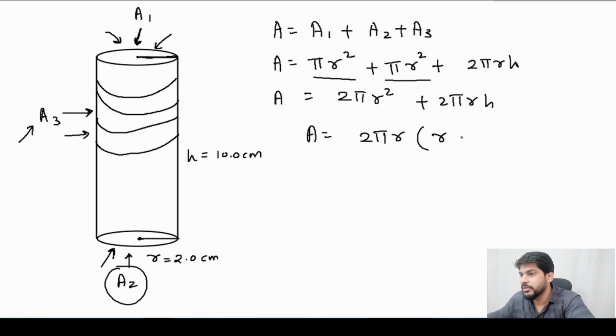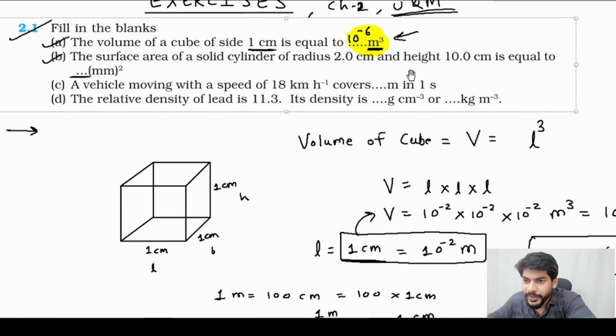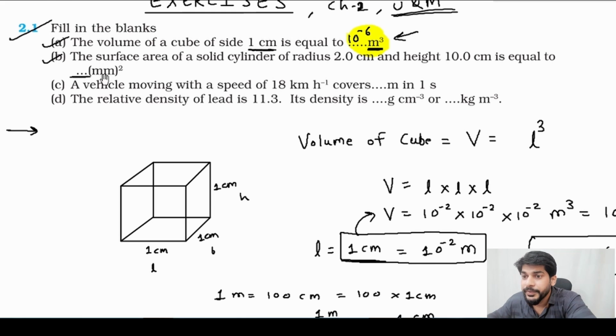Now let's put the values. It is 2 into pi, which is 3.14, into r, which is 2.0 centimeters. But let's wait here. We can check one thing: the answer is demanded in mm squared.